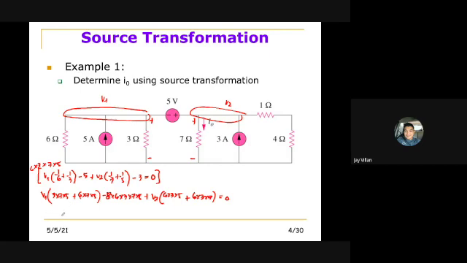V2 is V1 plus 5 minus V2 is equal to 0. So that is our second equation. So using these two equations, check whether the answer is equal to 1.78.